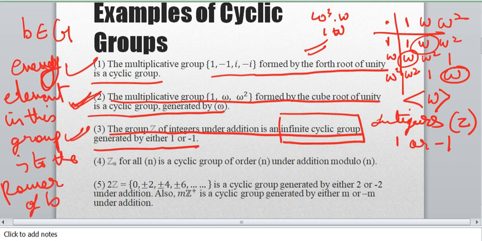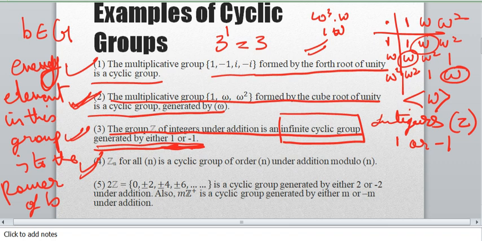So 1 and minus 1 can be used as generators. Let's say 3 to the power 1, it can be generated, right? So 1 or minus 1 are the generators here. Moving on to the next one, Zn, under addition. They can be generated with 1 or minus 1.